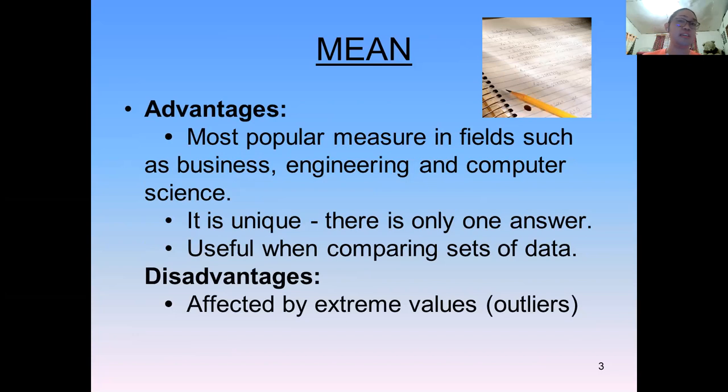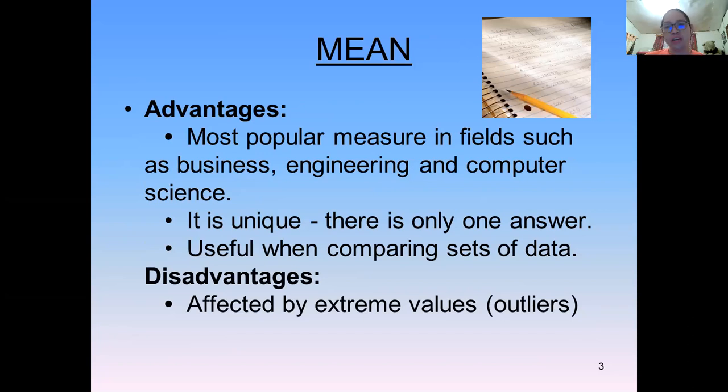So what is the disadvantage of using the mean? It is affected by extreme values, or outliers. Again, outliers means the extreme values in a given set of data. In short, one of the main disadvantages of using the mean is that it will be affected right away if you have extreme values, or outliers.